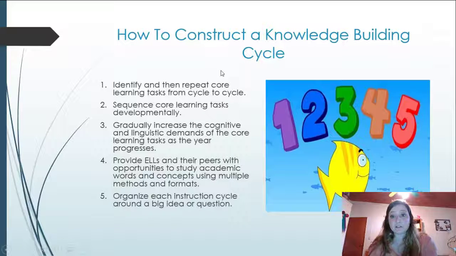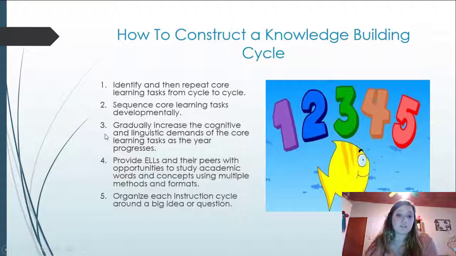So how to construct a knowledge building cycle. There are 5 features that the teacher needs to follow for their lessons and cycles. The first one is identify and then repeat core learning tasks from cycle to cycle. Second, sequence core learning tasks developmentally.